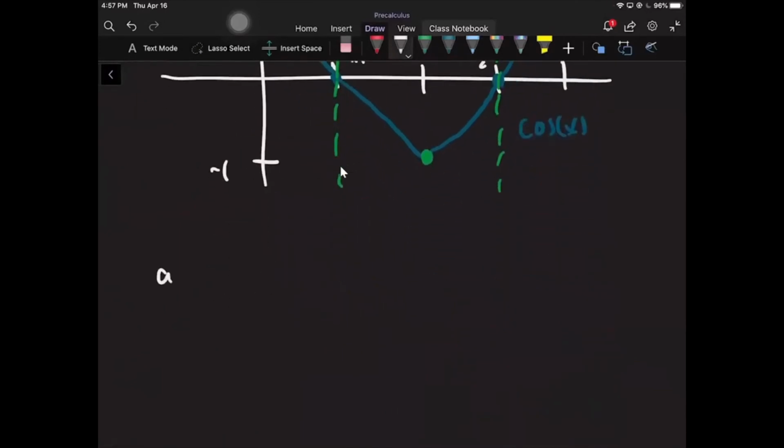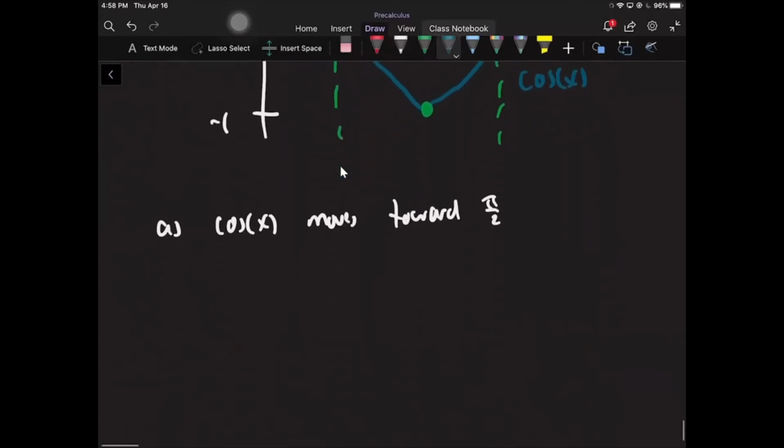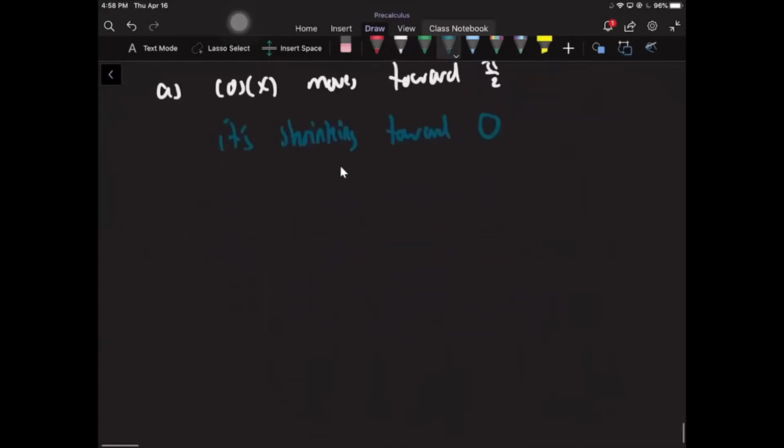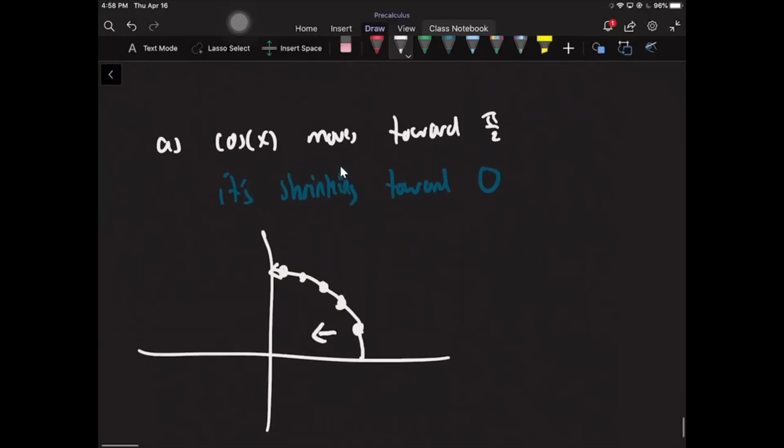As cosine of x moves toward pi over 2, the blue line is shrinking toward 0. And you can see that even on the unit circle. As the angle goes up to pi over 2, the x values of the points shrink towards 0.